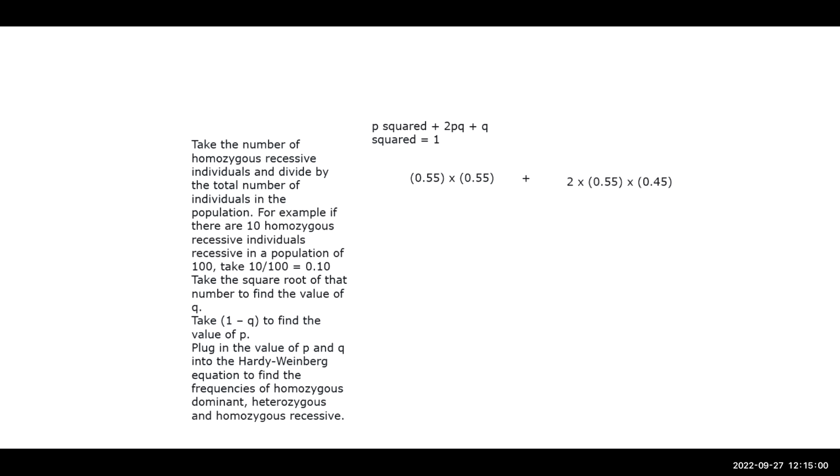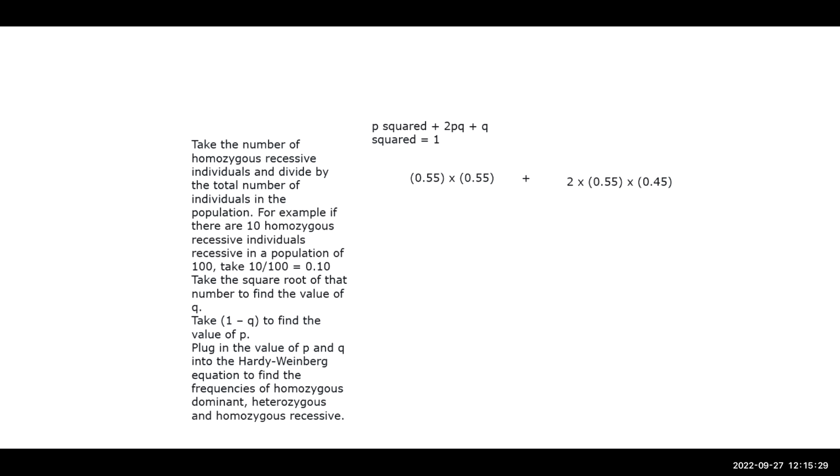So there's the middle part of our equation there. And then the last part of our equation, the Q squared. So we're going to take the value of Q, which is 0.45, multiply it by the value of Q, which is 0.45. And hopefully that's going to get us back to 1.